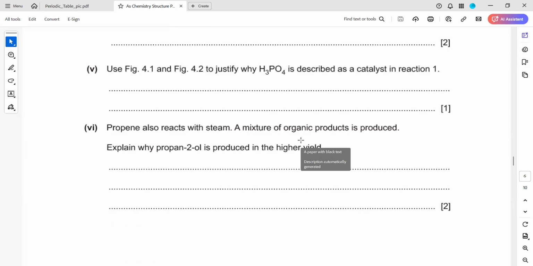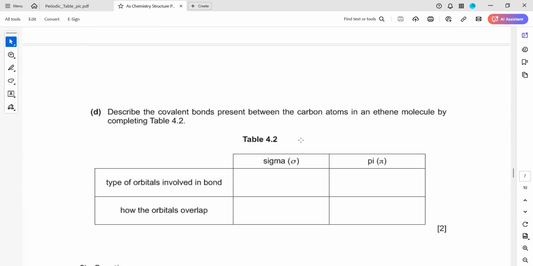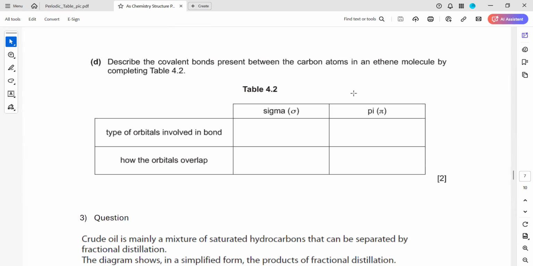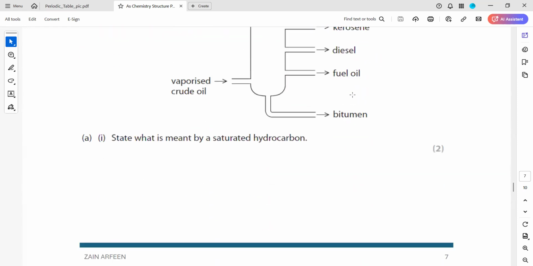Any other doubt? Question part 3, 4, 5, 6, C, part D. Describe the covalent bonds between carbon atoms in ethene. Question 3, any doubt?